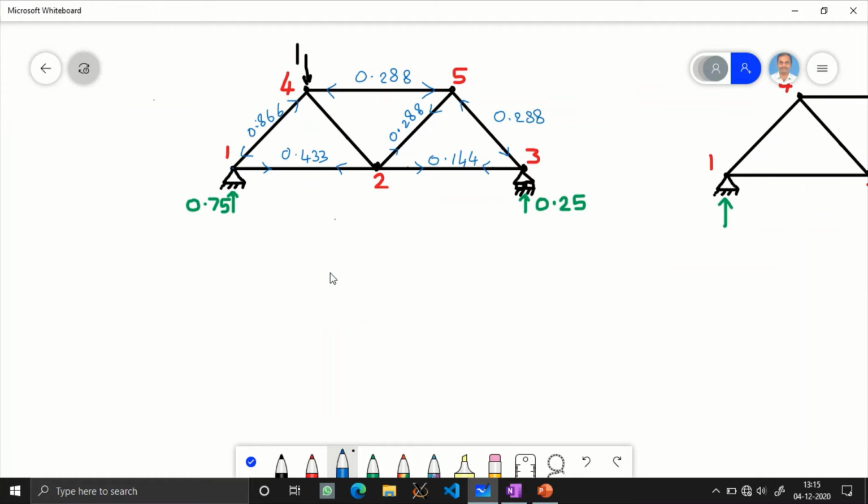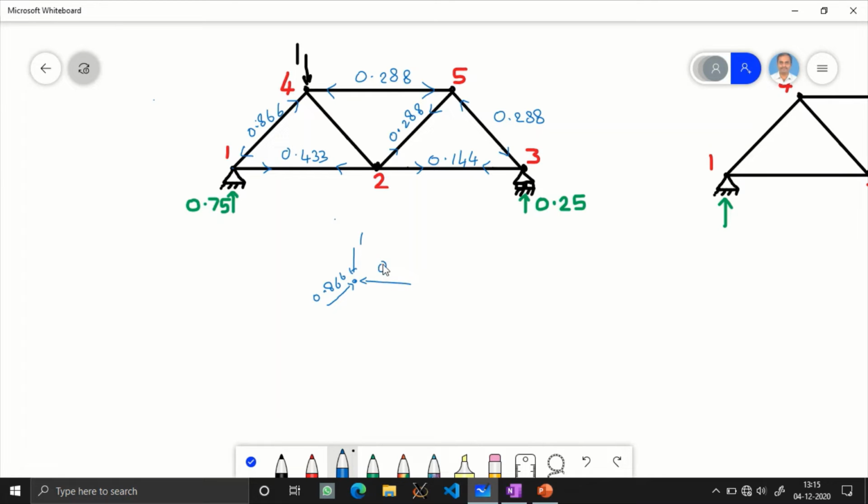I will consider joint 4. At joint 4, I'm having unit load acting vertically downward, and the P3 of magnitude 0.866 is acting towards the joint. Towards the joint, I will have a force of 0.866, and horizontally, I'm having 0.288 acting towards the joint.